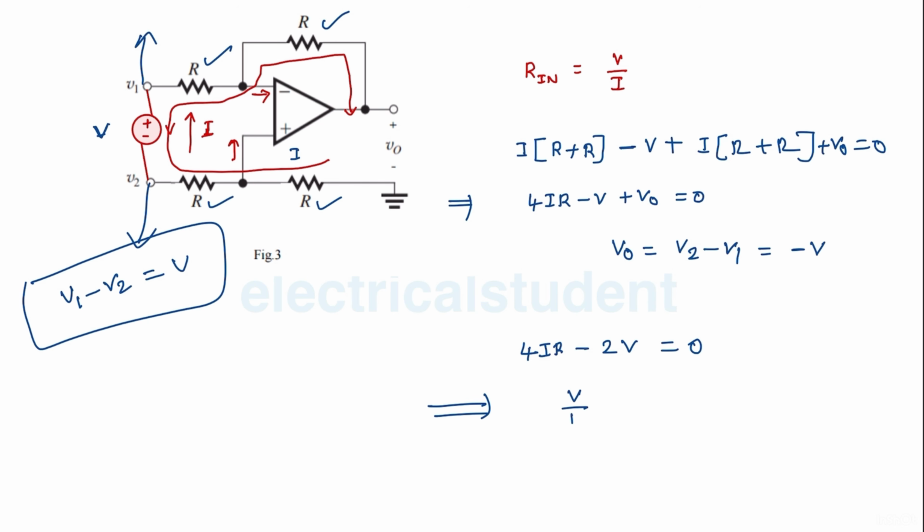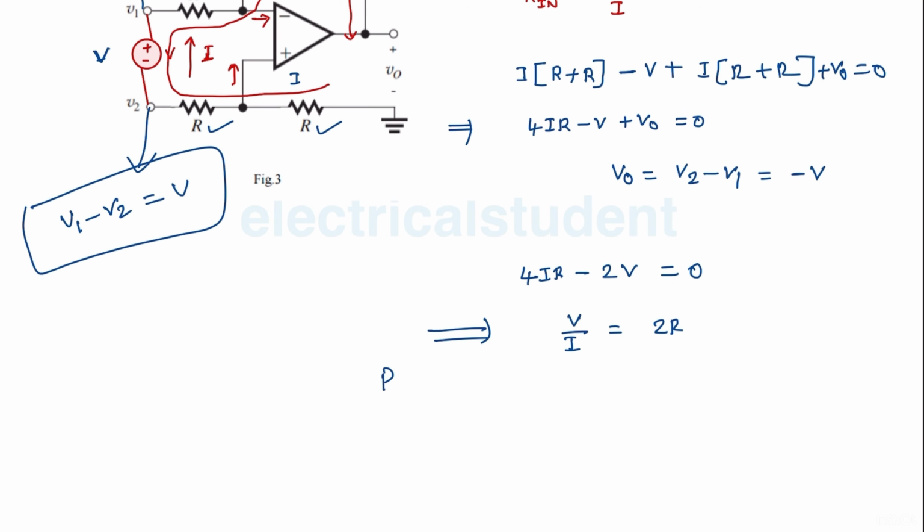So V over I is nothing but 2 times R. This particular resistance we call RID, which is the differential mode input impedance.